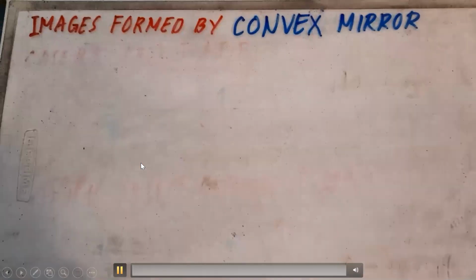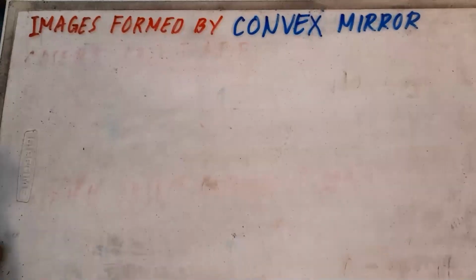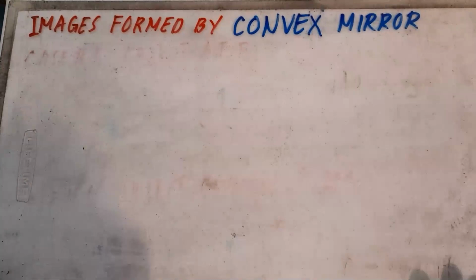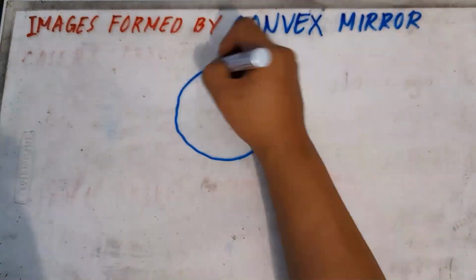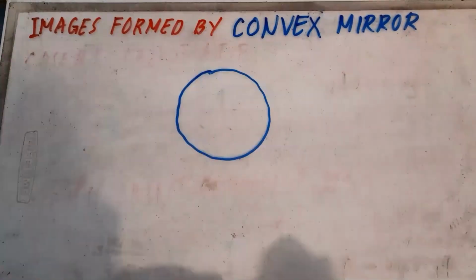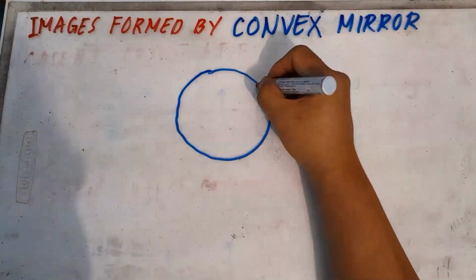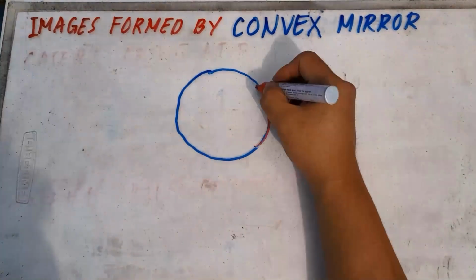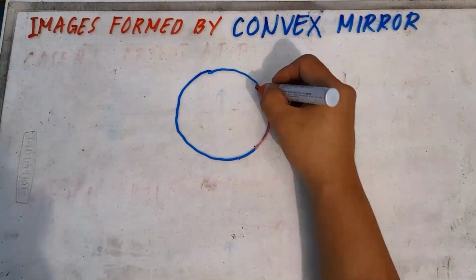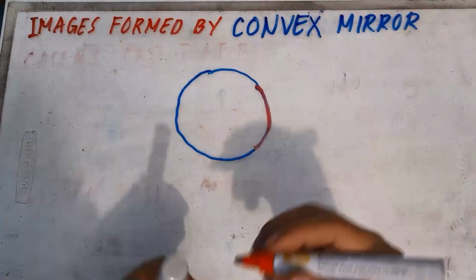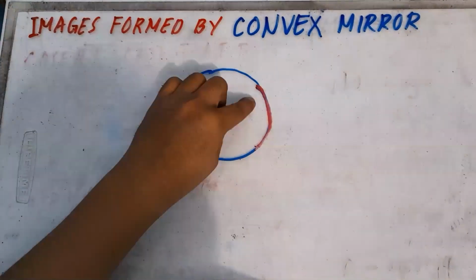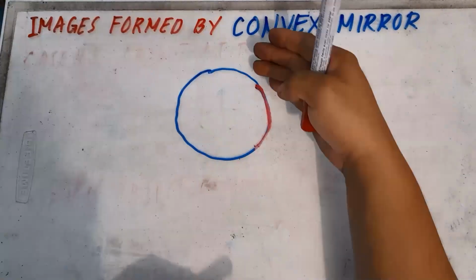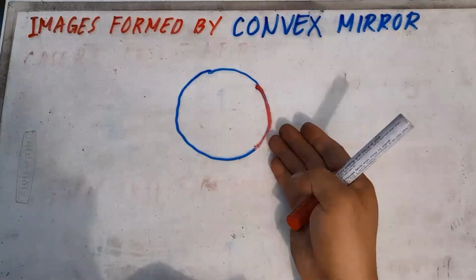Okay, let us now proceed to the images formed by a convex mirror using ray diagram. But before that, let us first recall that the spherical mirror came from a sphere. If we get a certain arc from our sphere, we will have our spherical or curved mirror. It has two reflecting sides. Again, this one is the concave mirror, the one that bends inward, while the one that bends outward is the convex mirror.